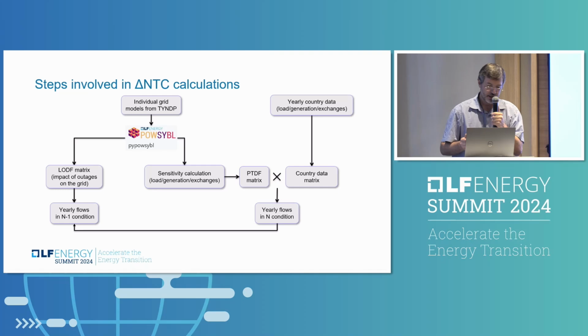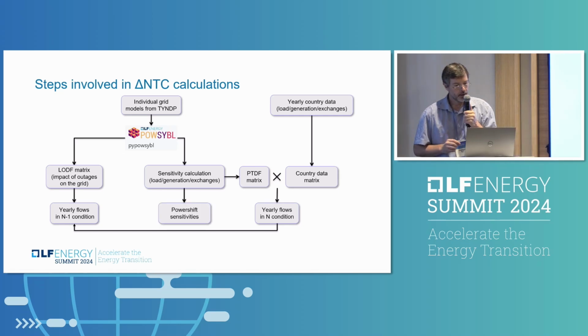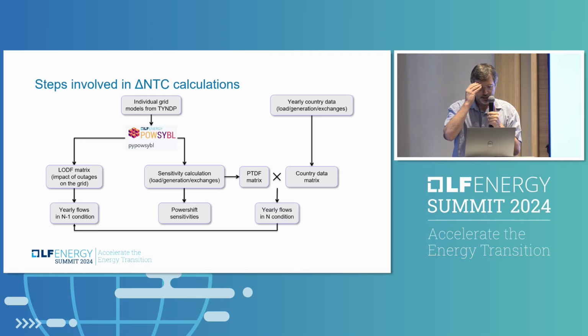So with this LODF matrix, we'll be able to calculate yearly flows in N-1 condition. Once we have the flows in N and the flows in N-1, what we want to calculate is how much we can increase the exchanges until we reach a limit.